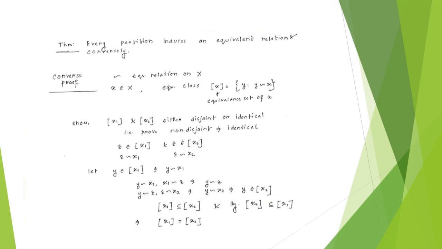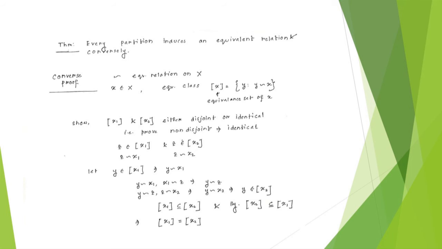Suppose the equivalence class x1 and equivalence class x2 are not disjoint. So what happens? That is, suppose they have a common element, say z. Now z belongs to both equivalence sets, that is z ~ x1 and z ~ x2.